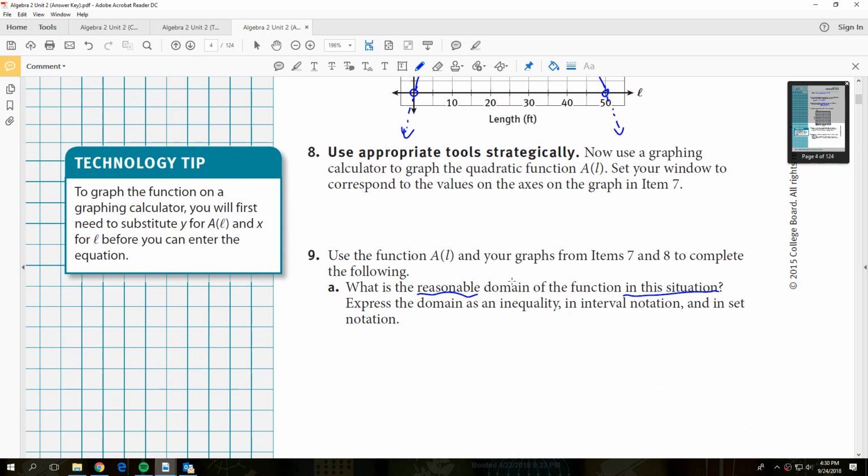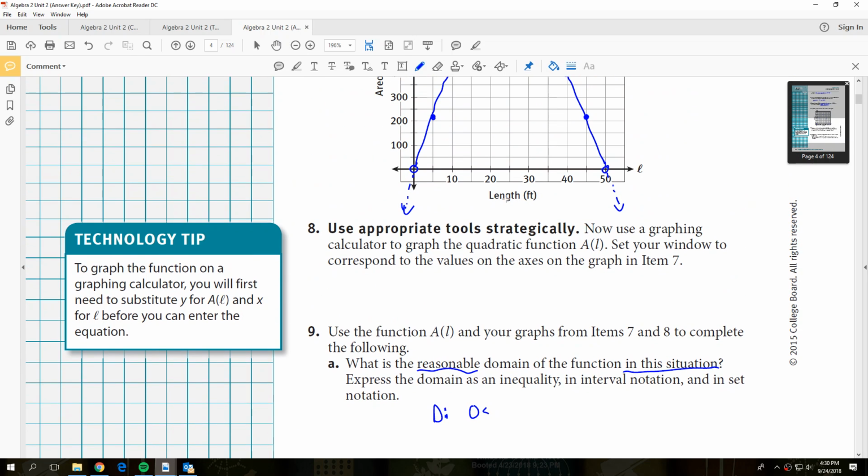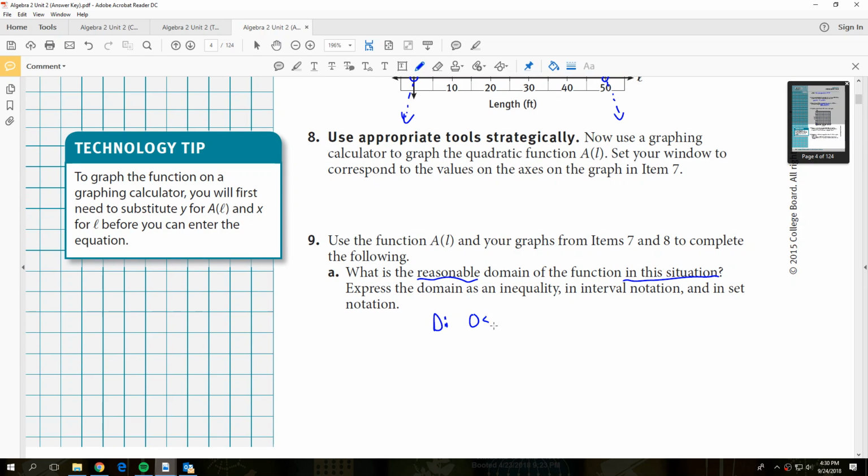All right, so let's go ahead and put that in here. It says it wants us to express it as an inequality, interval notation, and set notation, so let's do all of these. The domain would be from 0 to 50 as an inequality. This is actually length on the x, not x itself, so length, and it can't be 50 as well.